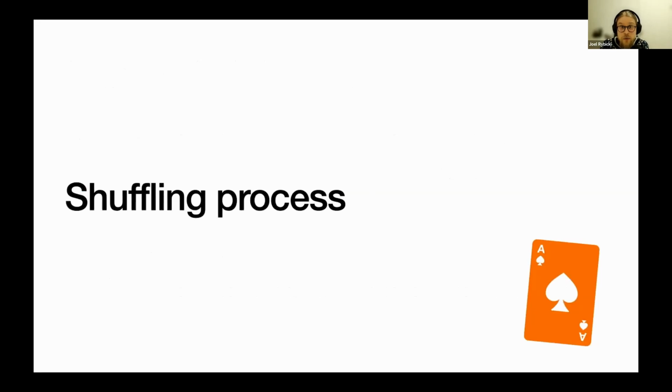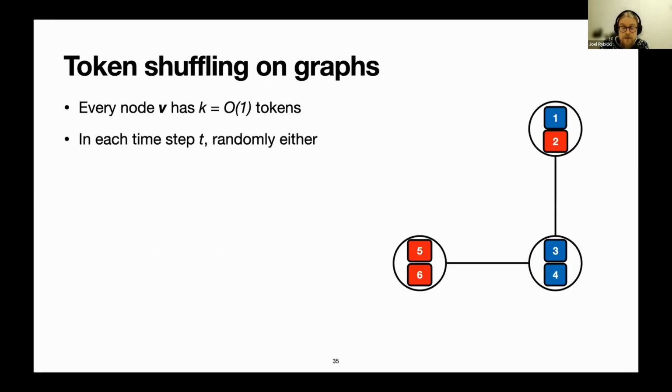So let's start with the shuffling process. In this process, we assume that each node holds exactly k tokens. At every node, we pile these tokens so that they form a stack, so they have an order. And in each time step, we randomly perform one of the following two operations.